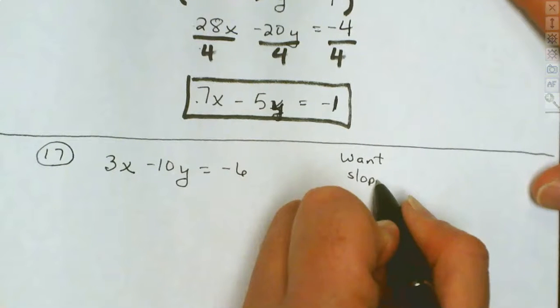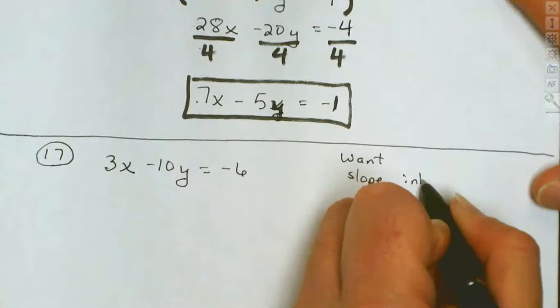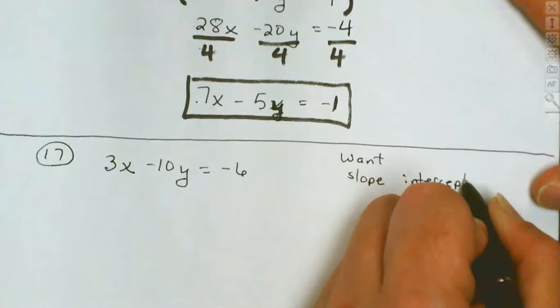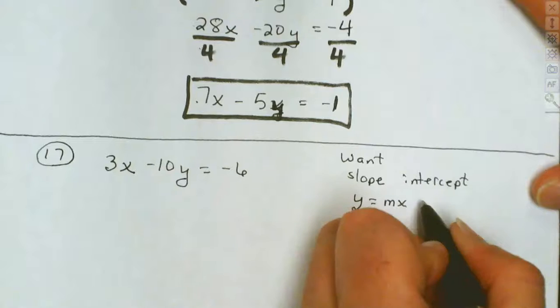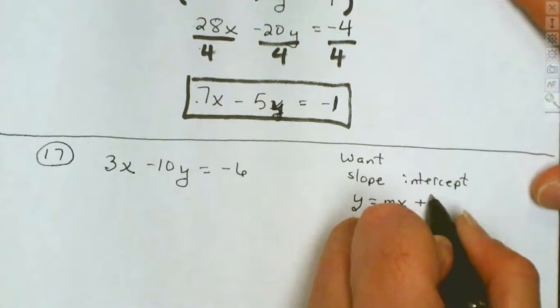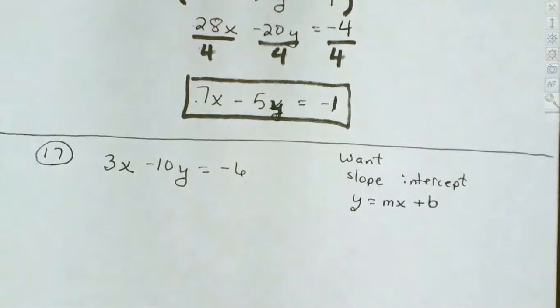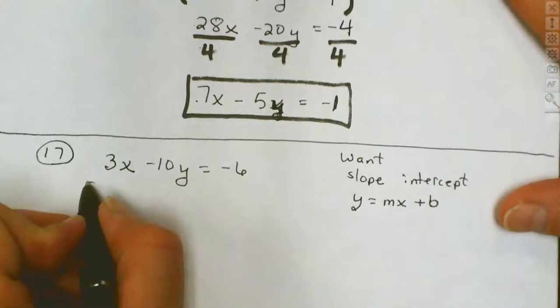And what does slope-intercept form look like? Well, slope-intercept form is y equals mx plus b. Okay, so that's where we want our answer to be. We want it to look like that. So to get it to look like that, we move everything around so that the y is on the left, x is on the right.